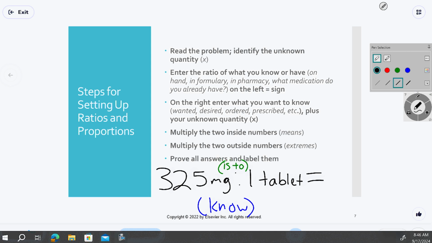If the question was, the X is always going to be what I'm trying to find out, what I want to know. So if I'm using this Tylenol example, let's say you wanted to take the normal amount of Tylenol, 650 milligrams. That would be on the right side. That would be what I want: desired, ordered, prescribed, words like this.